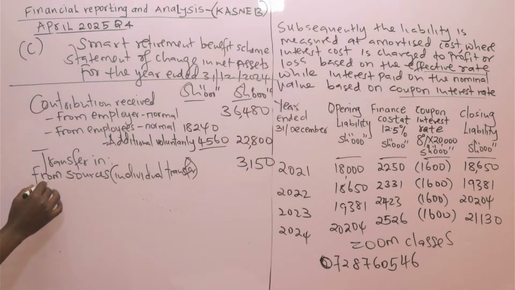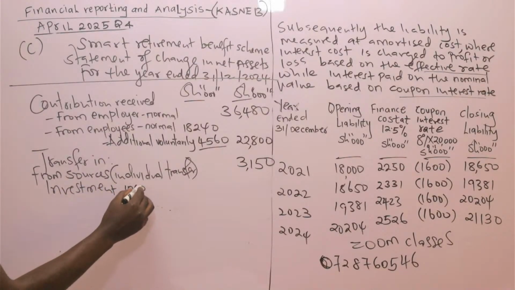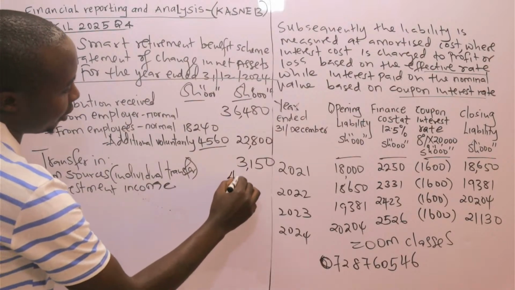Then also there is investment income, which is an income. There is an investment income of 47,400.